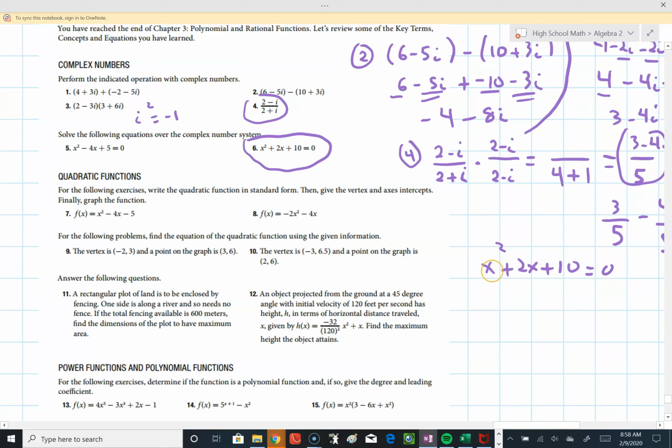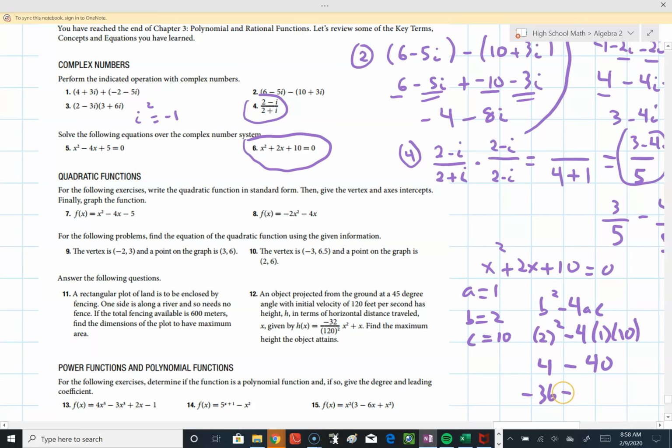Then we identify a, b, and c. a is 1, b is 2, c is 10. Now find the discriminant, b squared minus 4ac. That's going to be 2 squared minus 4 times 1 and 10. So that's 4, and that's 40. 4 minus 40 is a negative 36.